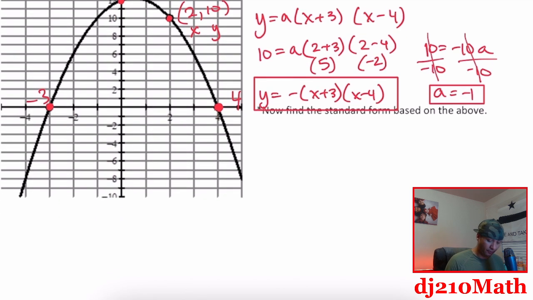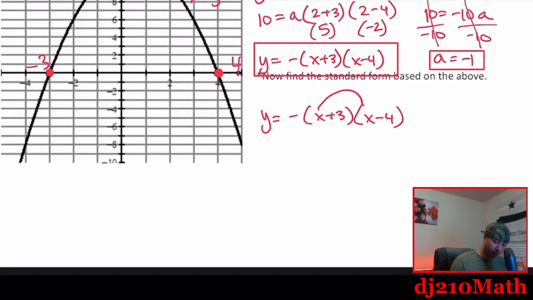Okay, for standard form, we're going to FOIL that out. So negative (x plus 3)(x minus 4). FOIL first, x squared, minus 4x plus 3x minus 12. Don't forget about the negative sign.